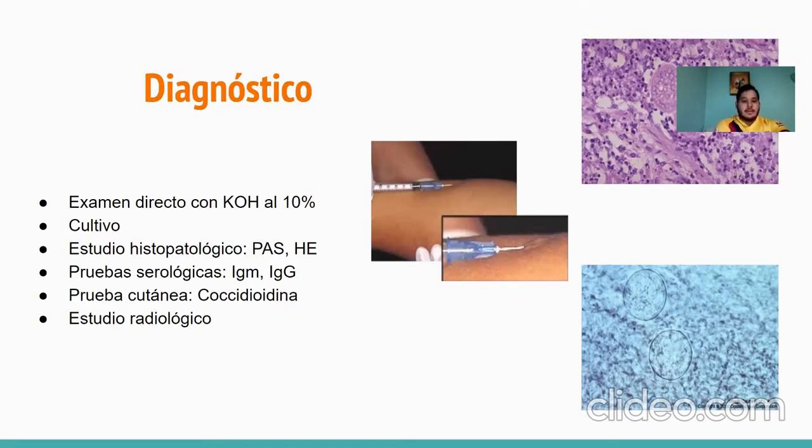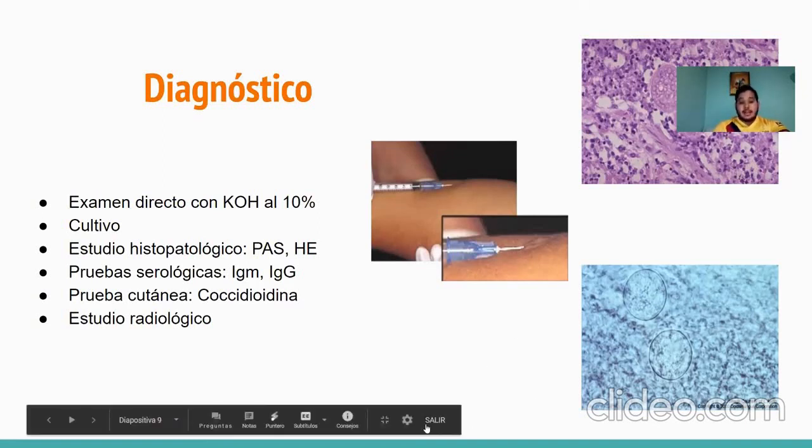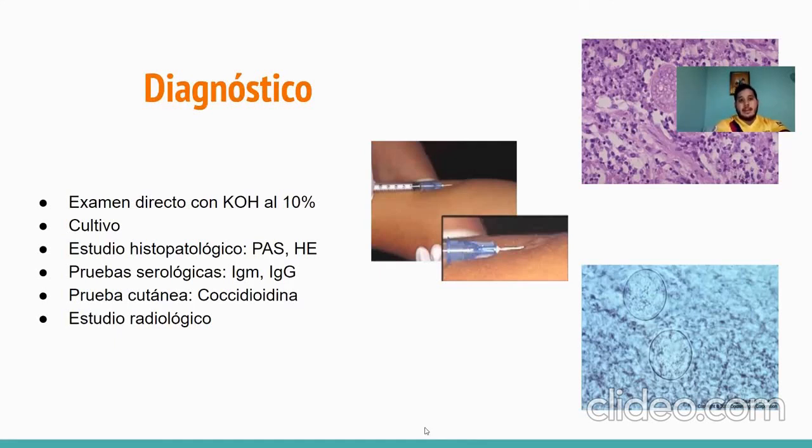You could have serologic tests with IgM and IgG, realizing that a positive serology for IgM indicates primary infection, while positive for IgG indicates dissemination. This is something very important to remember.